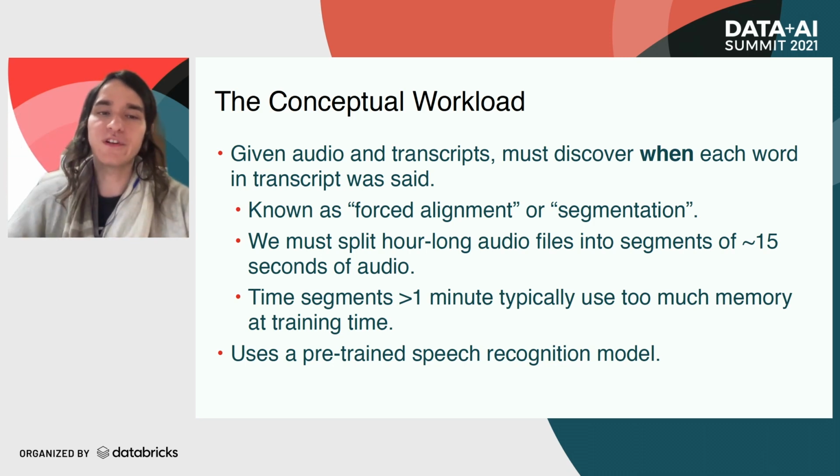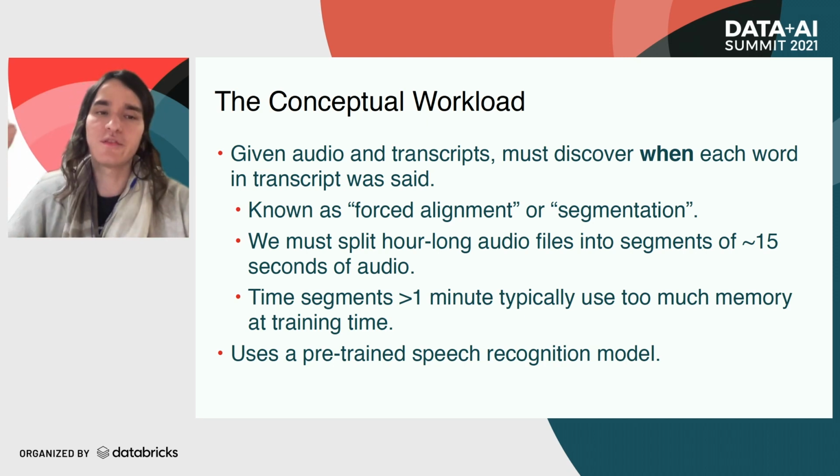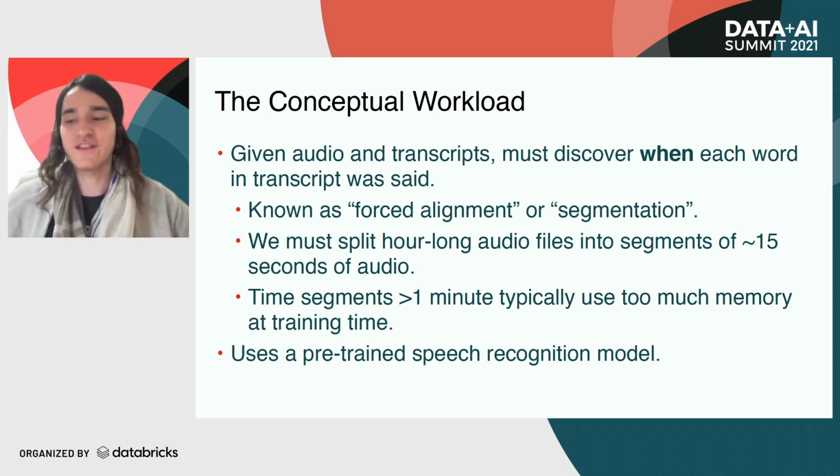And we need to do that because we need to split audio files, which may be an hour long or half an hour long or even more, into about 15 seconds of audio. This requirement is a little bit odd at first because most people are used to end-to-end deep learning. You put your data in, you train your model, and get a trained model on the other side.